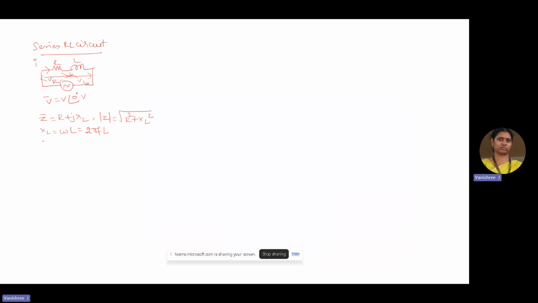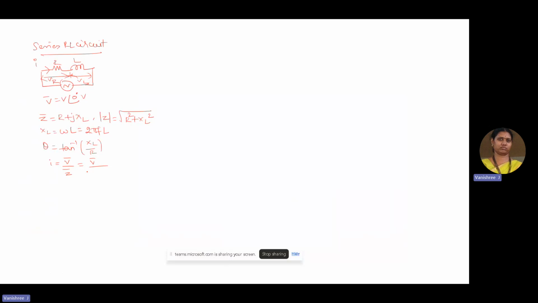Then, determining the theta value, it is tan inverse of XL by R, where this theta is the angle between voltage and the current value. Now, as per Ohm's law, current I can be given by V by Z.